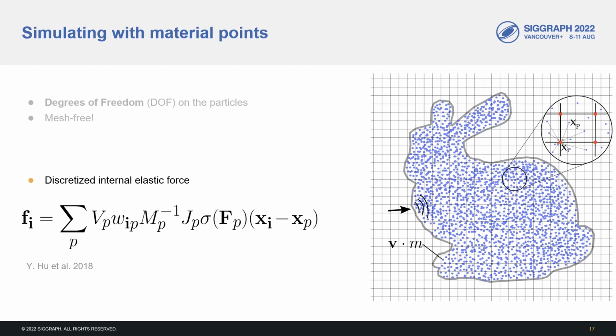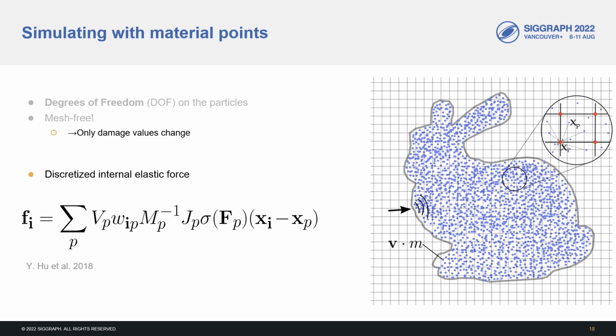Basically, the internal elastic force vector F at the grid node I is a function of several particle quantities and its position. Detail about most terms can be ignored here, but I would like to point out the deformation gradient F, which quantifies the local distortion at a given particle and then also determines the stress matrix as well.